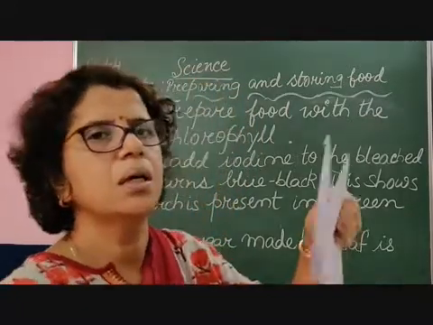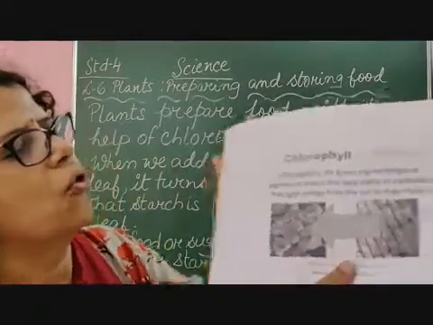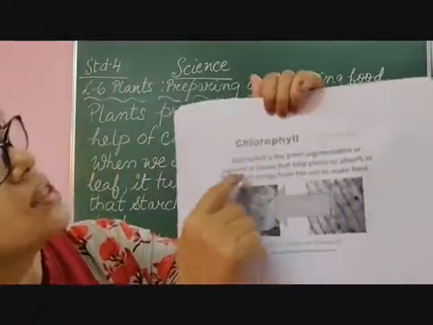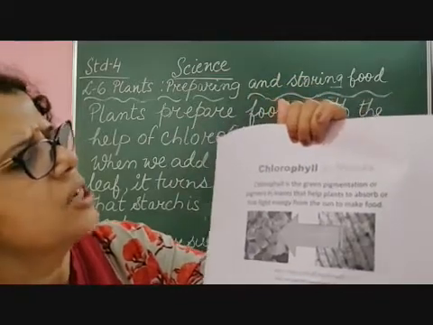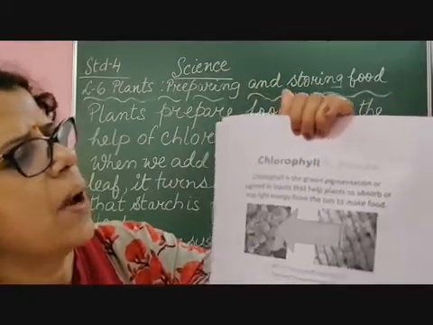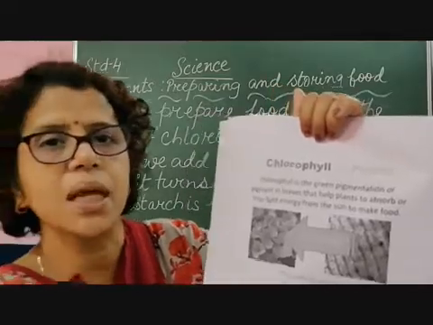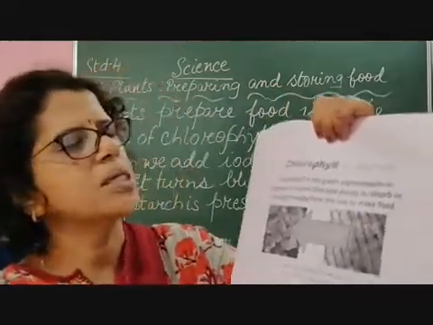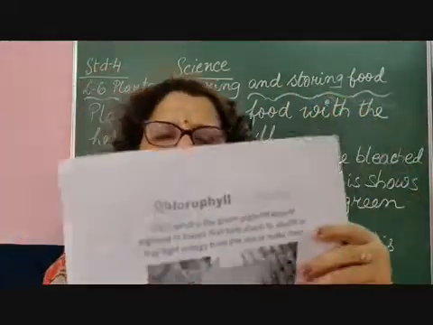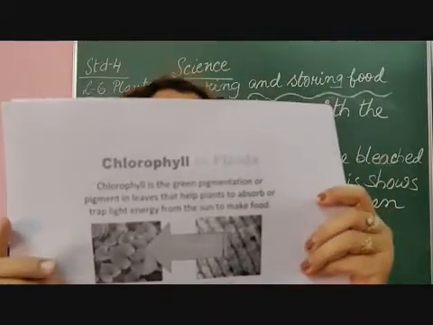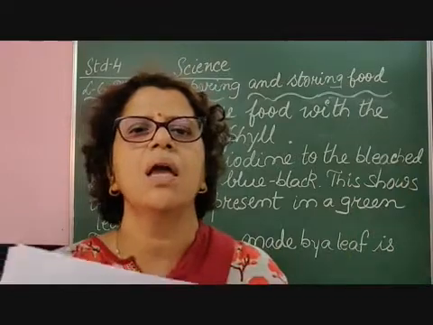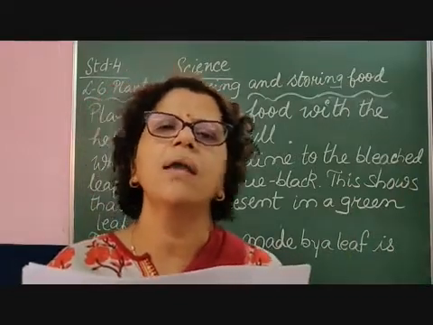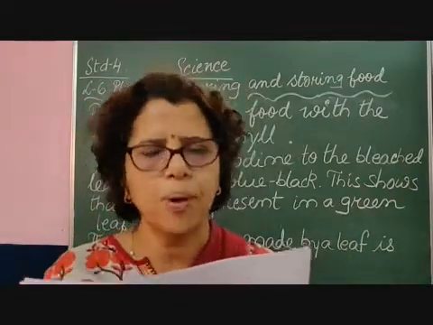Now children, plants need a green pigment called chlorophyll. Chlorophyll is the green pigment in the leaves that helps the plants to absorb or trap the sunlight from the sun to make the food. So this green pigment helps the plant to tap the sunlight, and they are able to prepare their food.